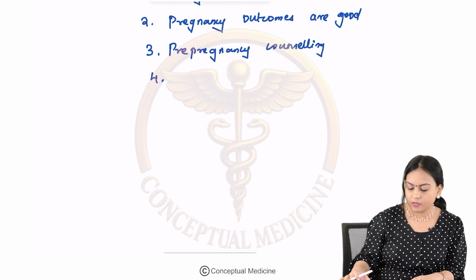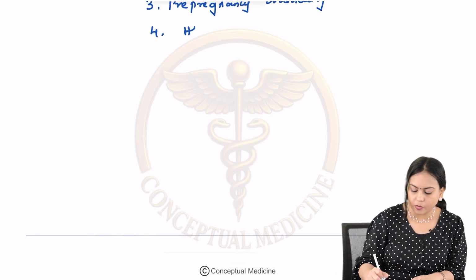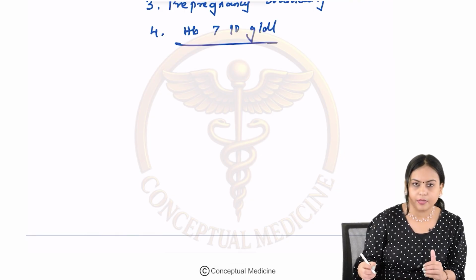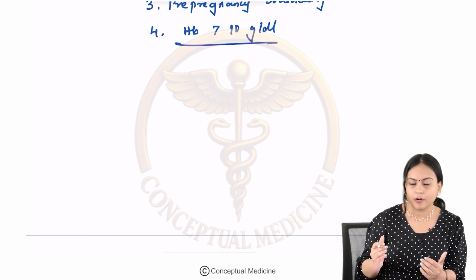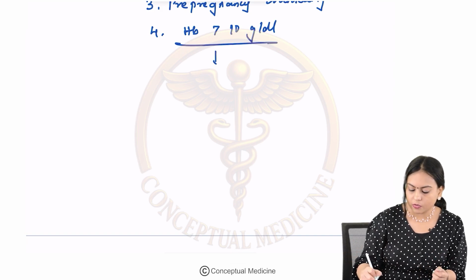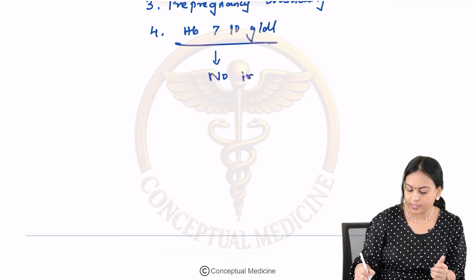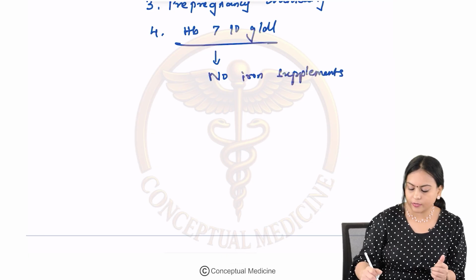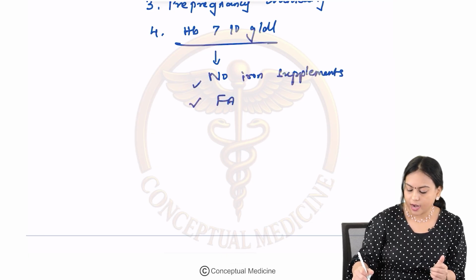Here also we have to maintain the hemoglobin levels at more than 10 gram per deciliter at least, and remember these people would have been on multiple transfusions since a younger age itself. So already there will be iron load. So no iron supplements, you are only going to give them folic acid at 5 milligram dose.